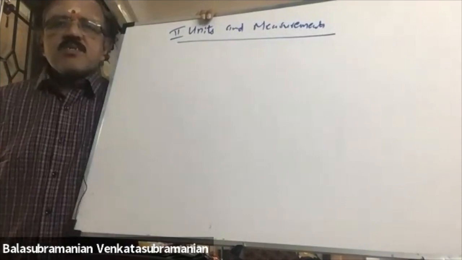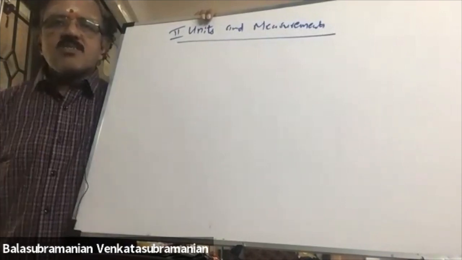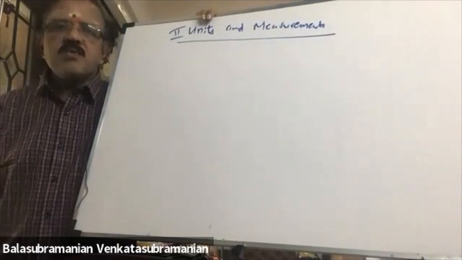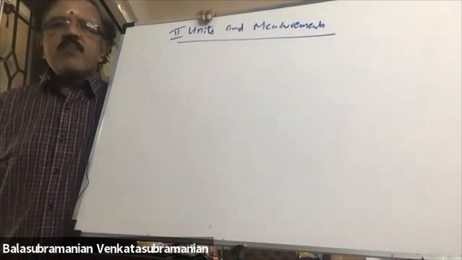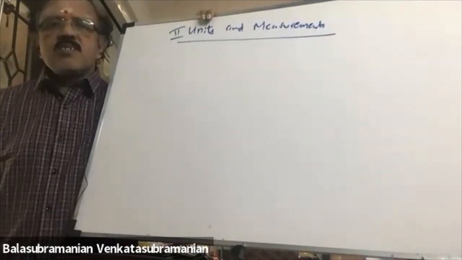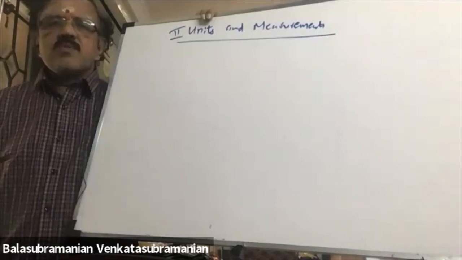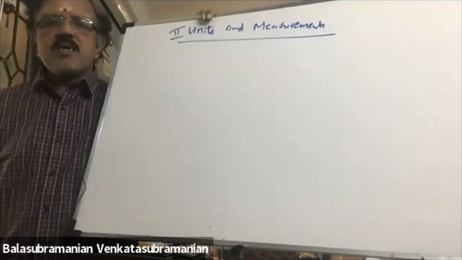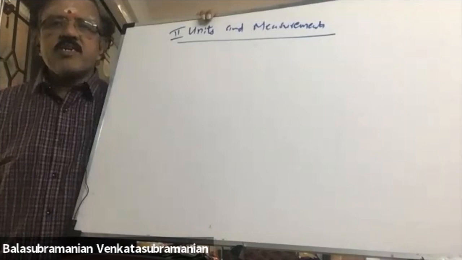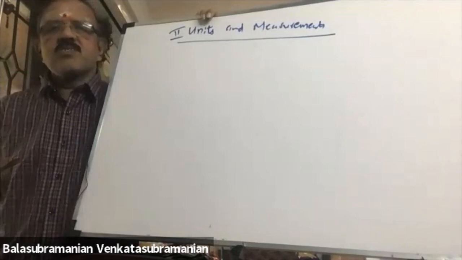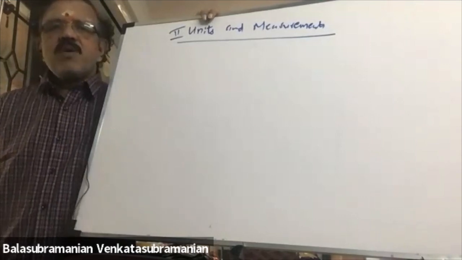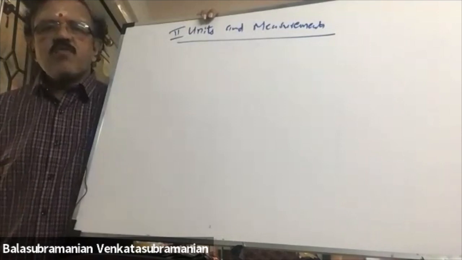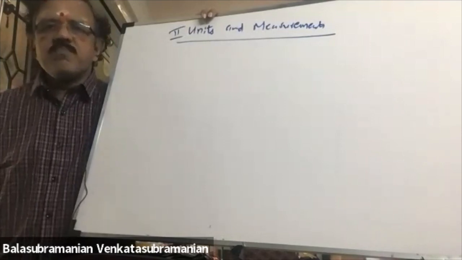We also saw small measurements, like the diameter of a wire or the diameter or radius of a small sphere, using a screw gauge and vernier calipers. Then we gave a basic introduction to the dimensional formula.